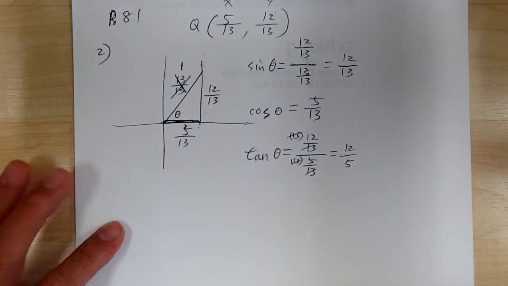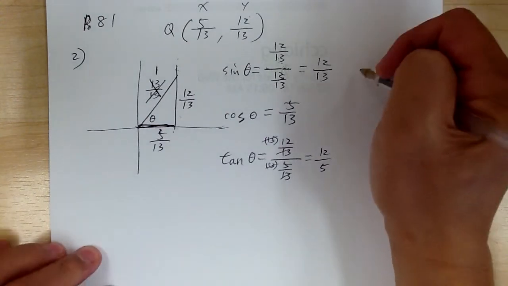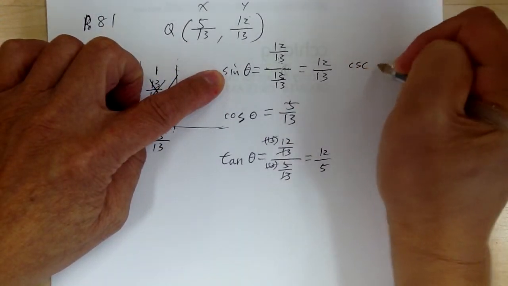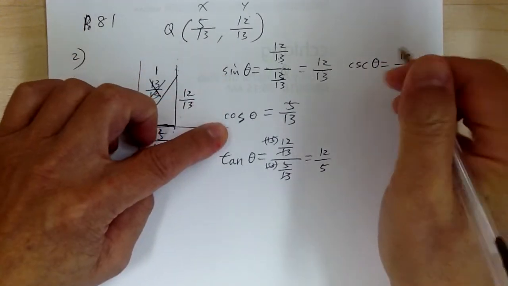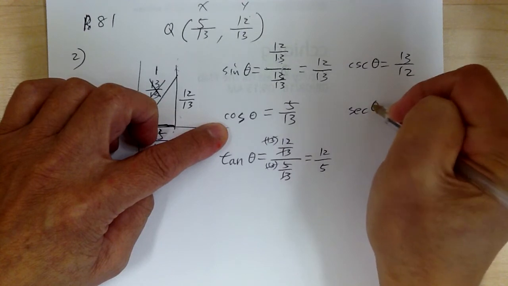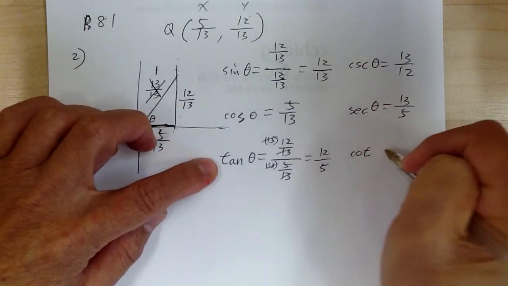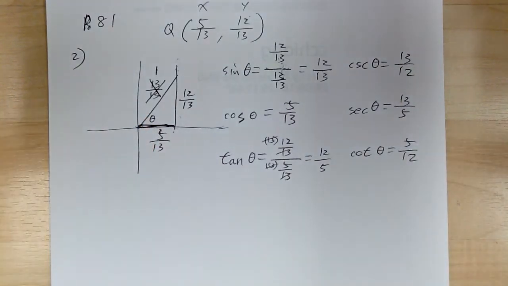Okay? So once you get sine, cosine, tangent, then the other three would be reciprocals, right? So sine goes with cosecant, you just flip it upside down. Cosine goes with secant, you just flip it upside down. And cotangent goes with tangent, flip upside down, and that's it. So that's what you want to do.